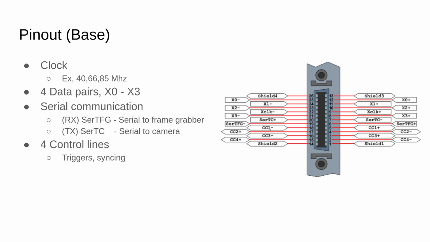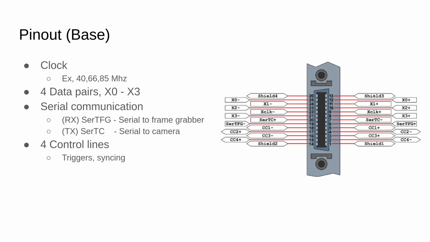And then we have our CC lines, and these are command control lines, for things like triggers and syncs. These are usually just GPIO lines. And what you can see here is these lines have minuses, then pluses, and that is because, like I said before, these are LVDS lines, and LVDS lines are differential.